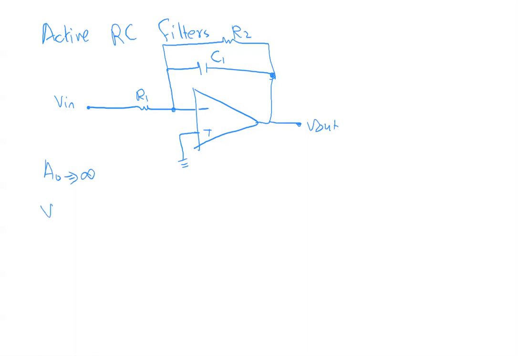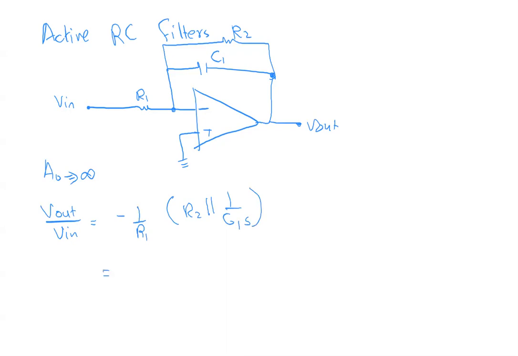Basically the gain is going to be V out over Vn equals, you can derive it yourself, it's basically the same, minus 1 over R1 multiplied by R2 in parallel with 1 over C1s.